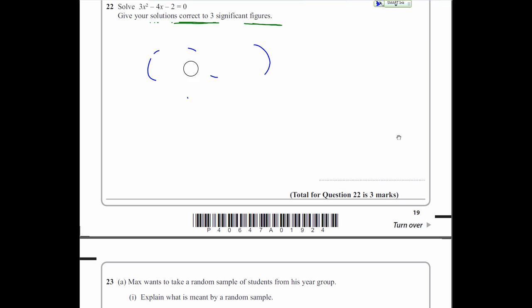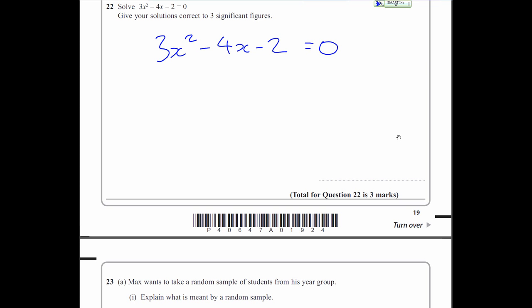So you should be thinking now, when do I get a decimal answer from a quadratic? 3x squared minus 4x minus 2. The answer is when you use the quadratic formula. You don't have to learn the quadratic formula. It's on the front page of your formula book.